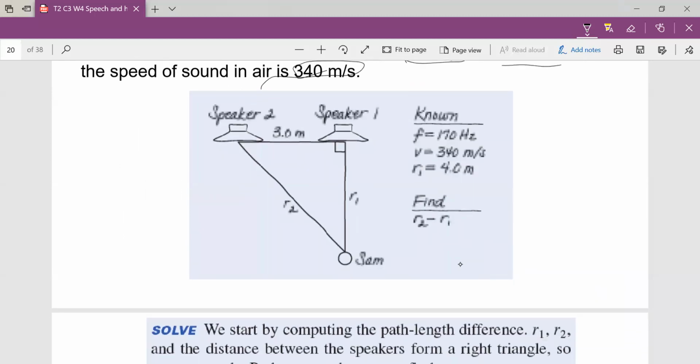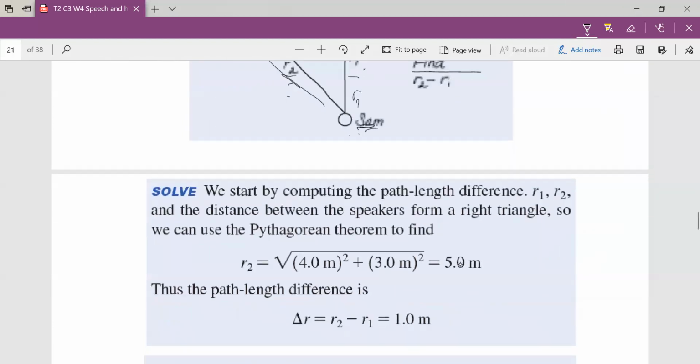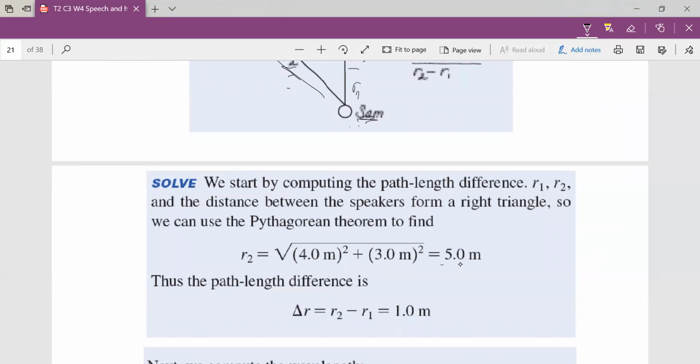To visualize what actually happened, Sam is standing here in front of one of the speakers. The speakers are 3 meters apart. So we have the distance R1 for Sam and the distance R2. To get the difference in these distances, the distance for Sam is given to be 4 meters, so we use the Pythagorean theorem to get R2, and we calculated R2 to be 5 meters.